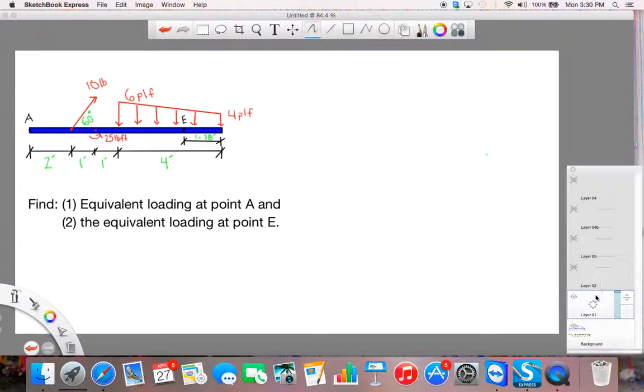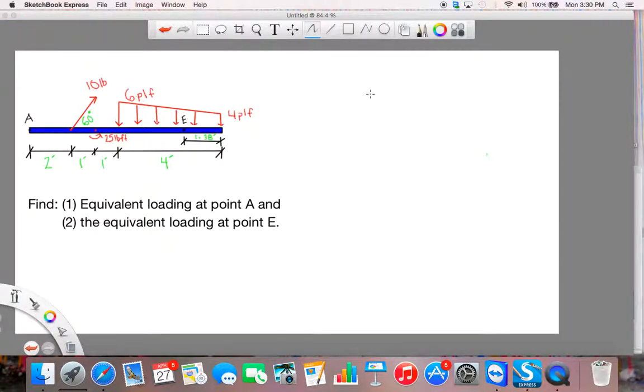What are we actually going to do? So the first thing we want to do is convert the distributed load into 2-point loads.